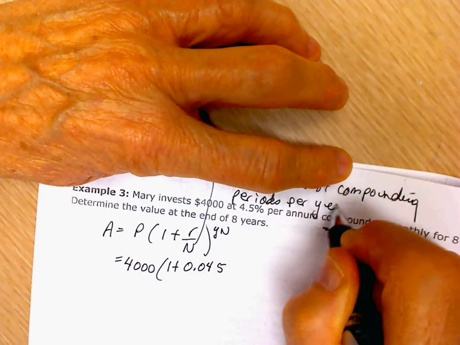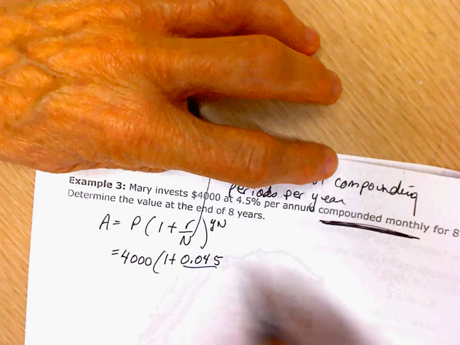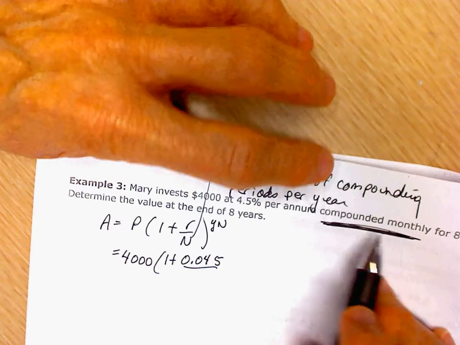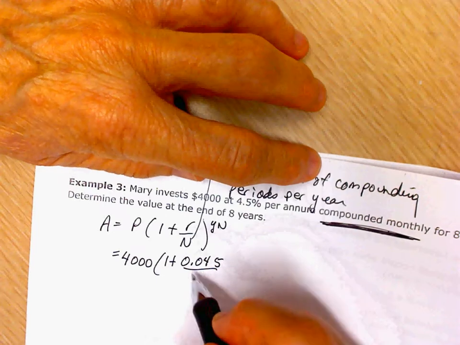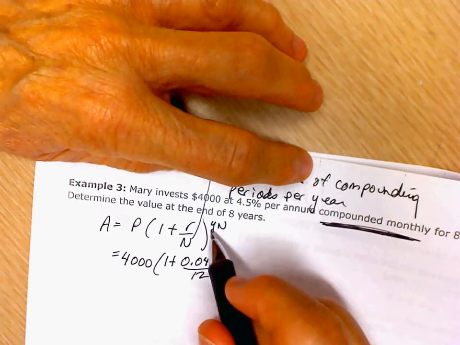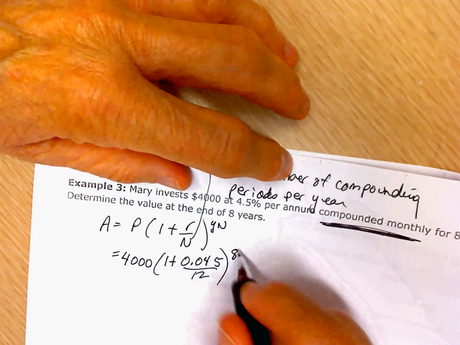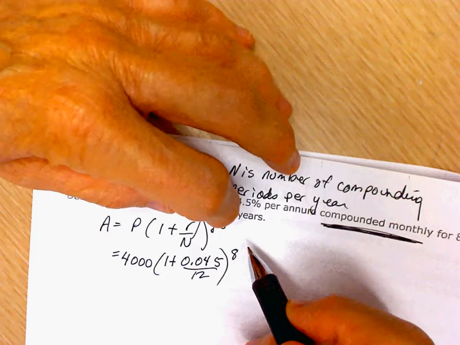Okay, so if it's compounded monthly, how many compounding periods do we have per year? 12. And its number of years is 8, and there are 12 compounding periods per year.